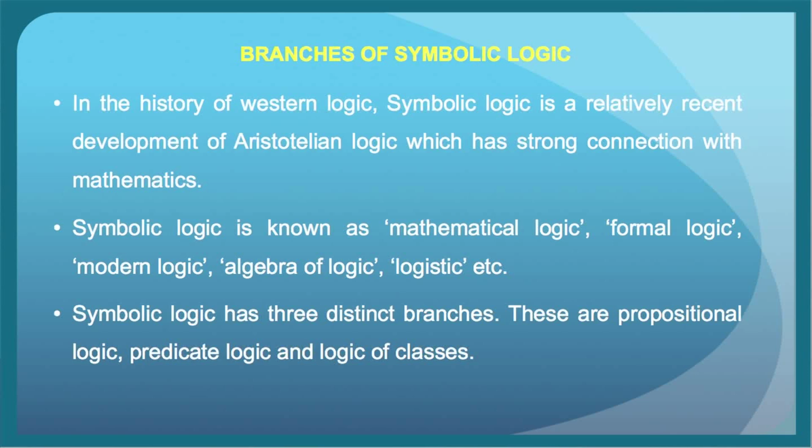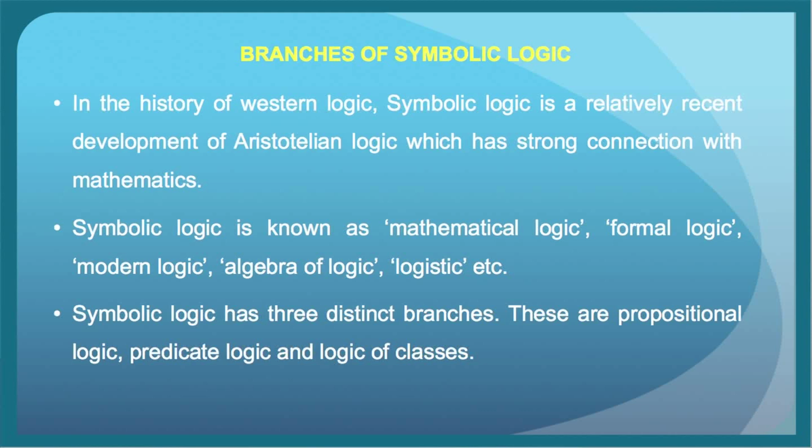Aristotelian logic is the old form of logic, but Symbolic Logic, which is another name for Mathematical Logic, can also be called Formal Logic or Modern Logic or Algebra of Logic or Logistic. That means if we say Mathematical Logic, it will mean Symbolic Logic, or Formal Logic will also imply Symbolic Logic, Modern Logic, or Algebra of Logic or Logistic will also imply Symbolic Logic.